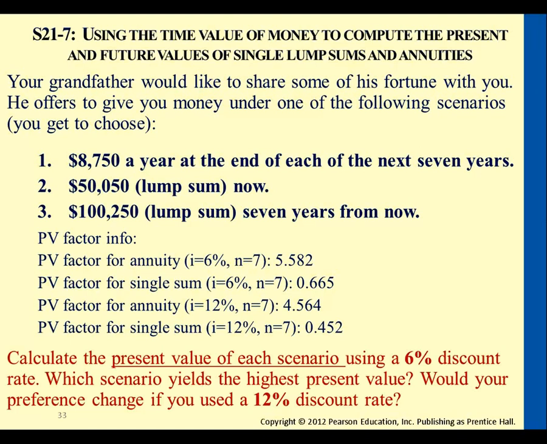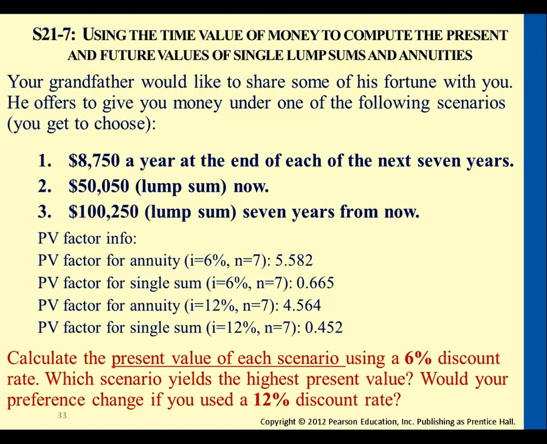So the first one, he says that $8,750 is what you're going to get a year at the end of each of the next 7 years. That's our annuity. And then $50,050 as a lump sum right now. And third option, $100,250 as a lump sum in 7 years from now.